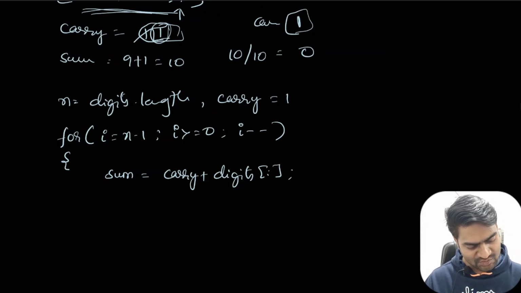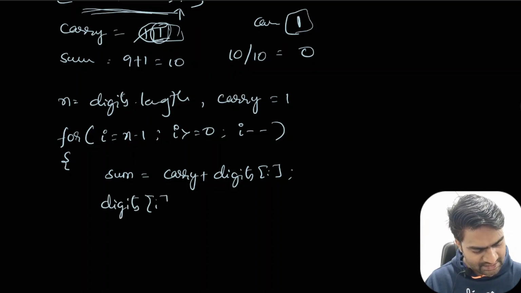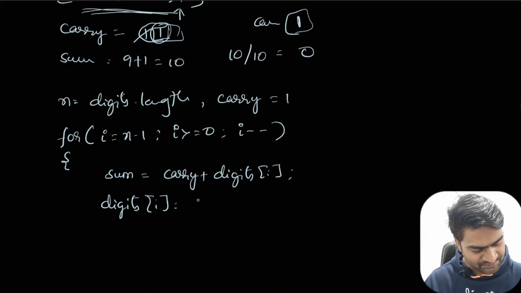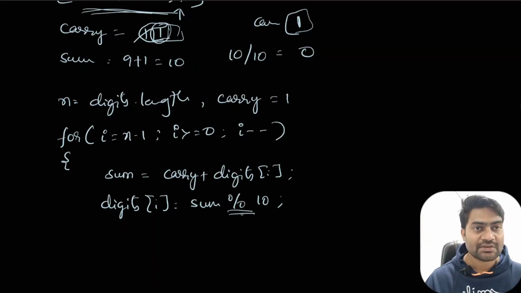Now I will say digits of i equal to, because I need to replace the value with whatever the remainder is after dividing by 10. So it will be sum modulo 10. Why modulo?